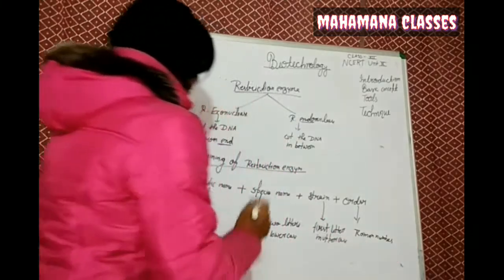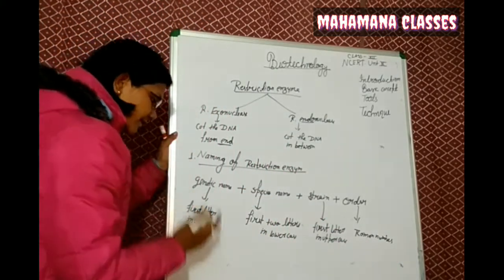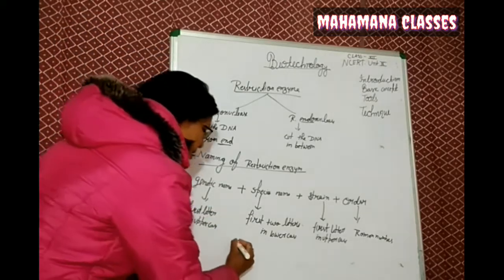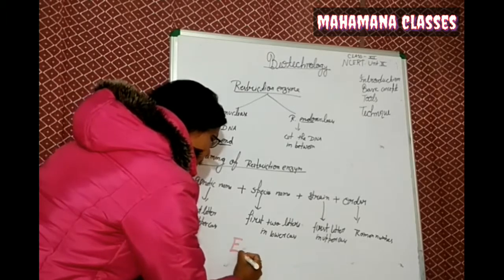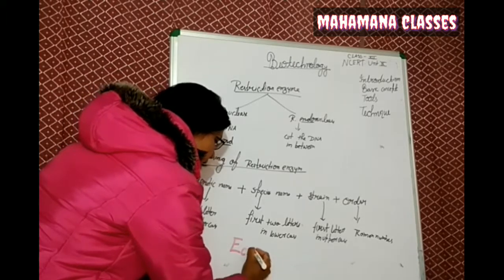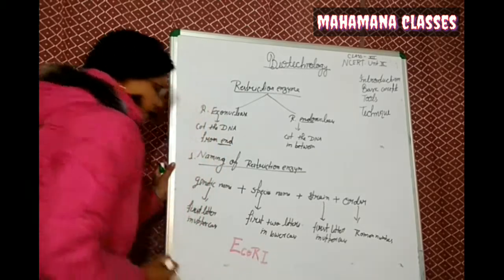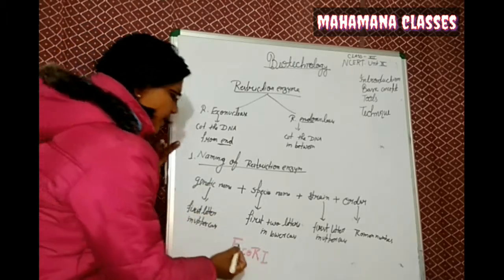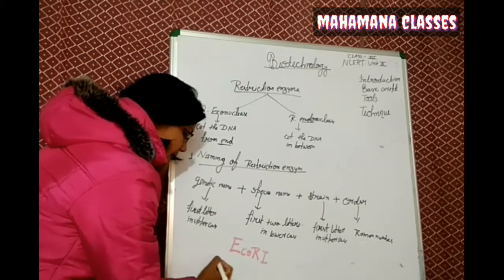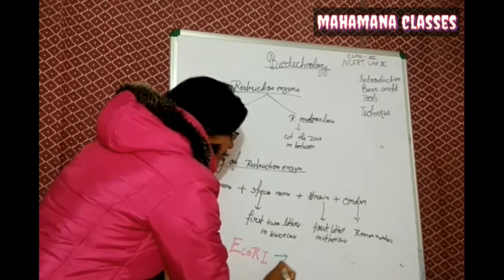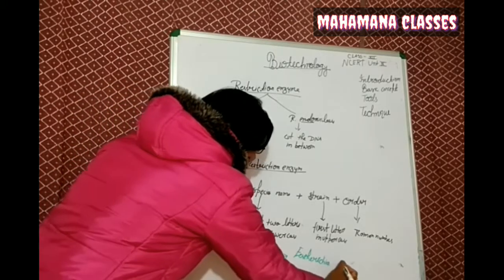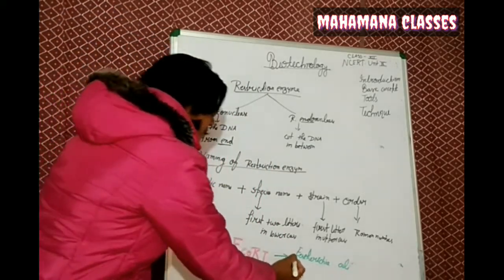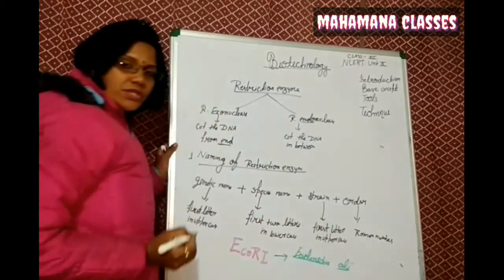Let us see one example. There is a restriction enzyme EcoRI. And how are we getting this? We are getting this restriction enzyme from Escherichia coli. So it gives our genus name and our species name.